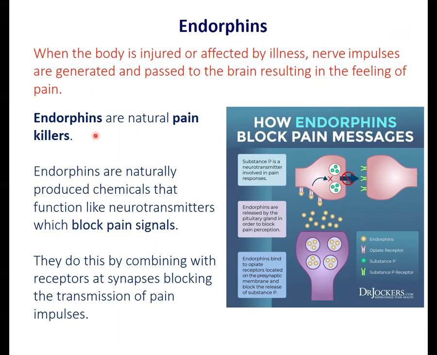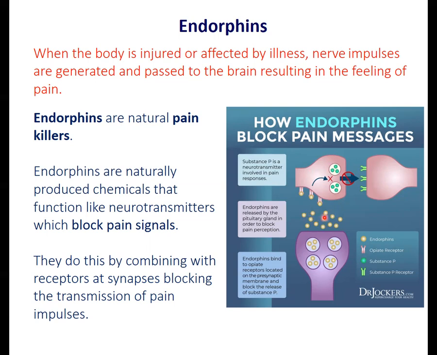So what endorphins do, they're a natural painkiller in effect. And what they do is they bind to receptors, and they basically block the release of the pain neurotransmitters, if you like. So for the pain message to be passed on, those neurotransmitters need to be released.